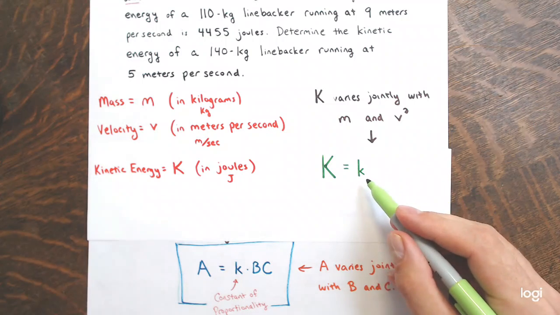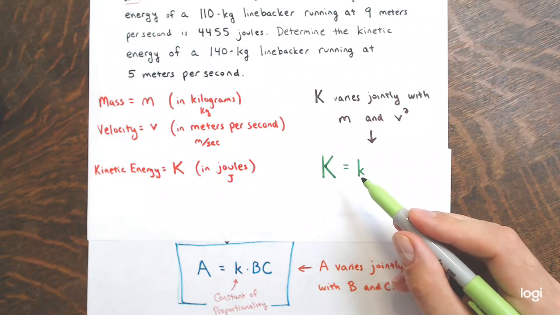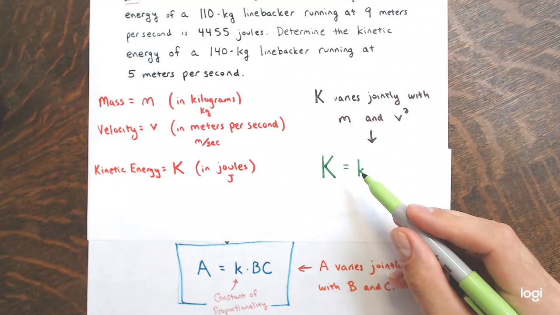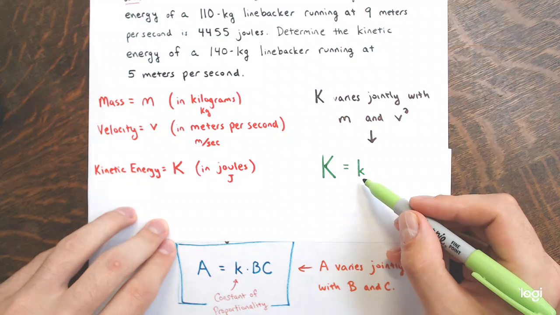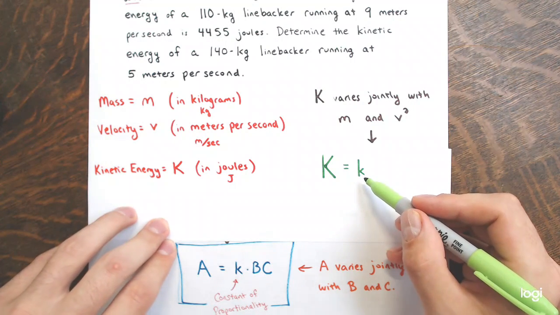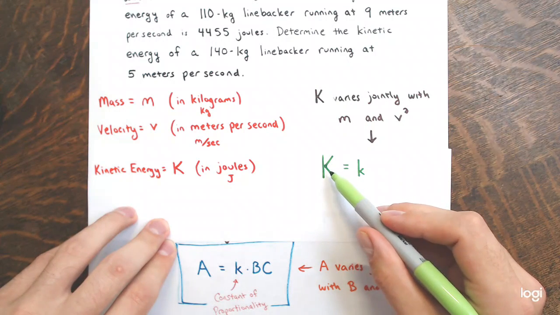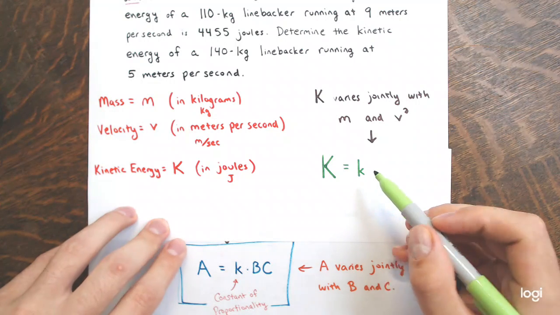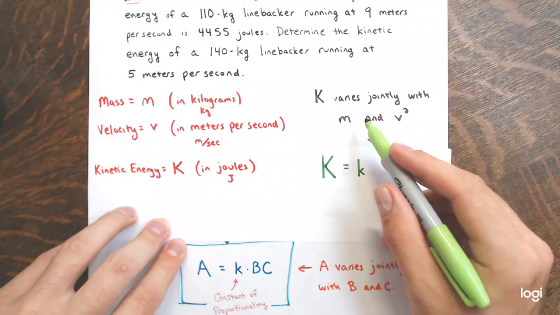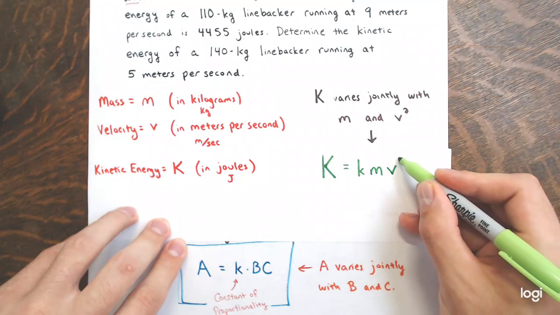I'm trying to make it definitely a lowercase k, and you can call it another letter if you wish, like a little c for constant. But again, I'm trying to stick to what you're typically going to see in a physics or math textbook. So the capital K, kinetic energy, is equal to some constant, some lowercase k, multiplied by the product of the mass and the square of the velocity.